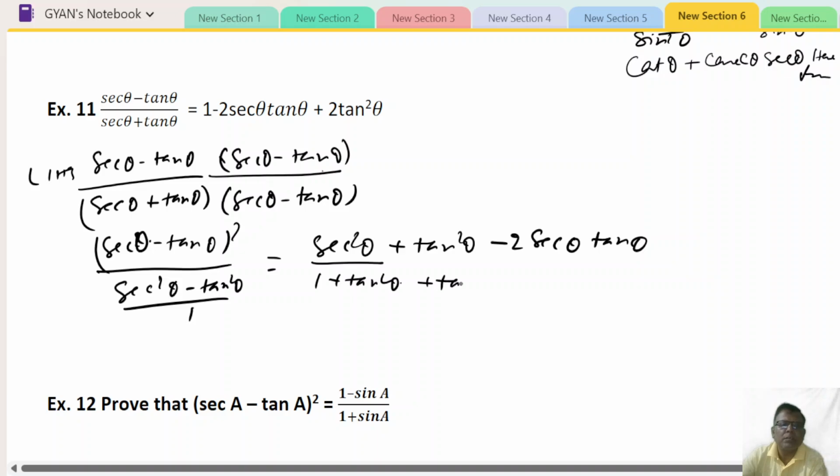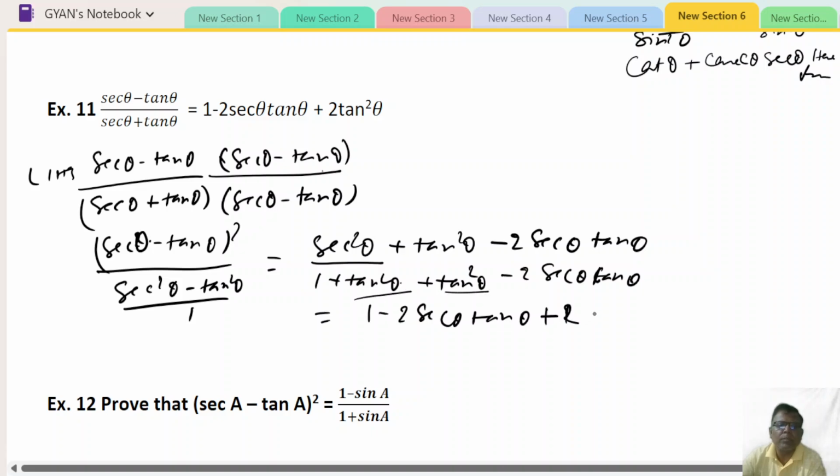And this is tan square theta minus 2 sec theta tan theta. So this becomes 1 minus 2 sec theta into tan theta plus 2 tan square theta. Answer, LHS is equal to RHS.